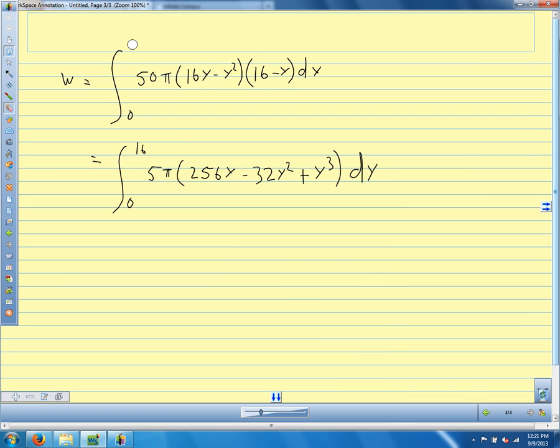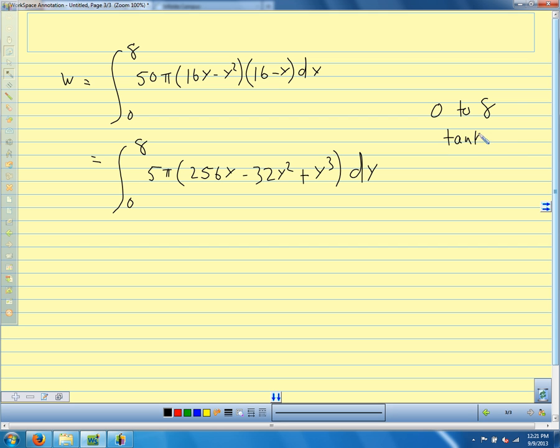So let me go back and change my limits: 0 to 8. We evaluate this integral from y equals 0 to 8, and we get that it's approximately 589,782 foot-pounds.